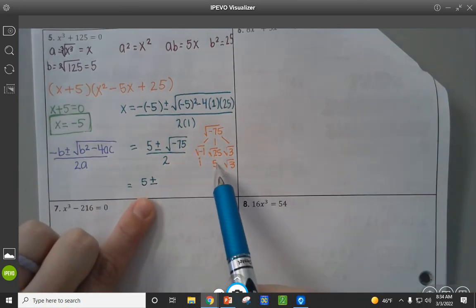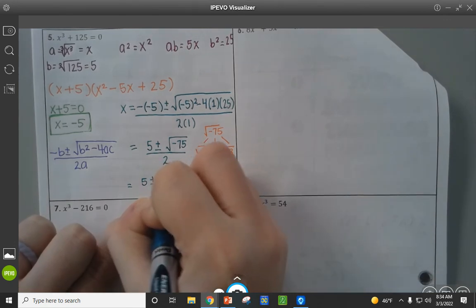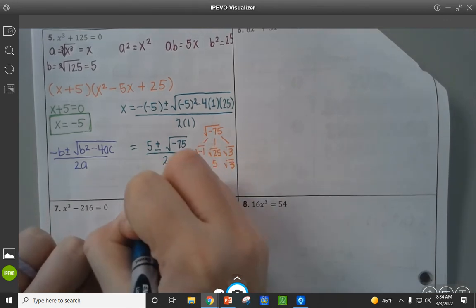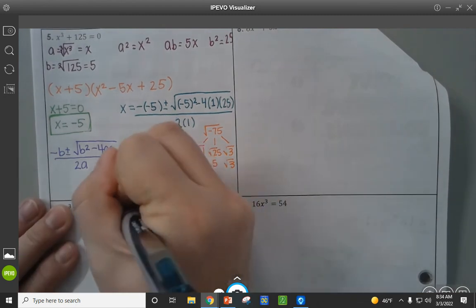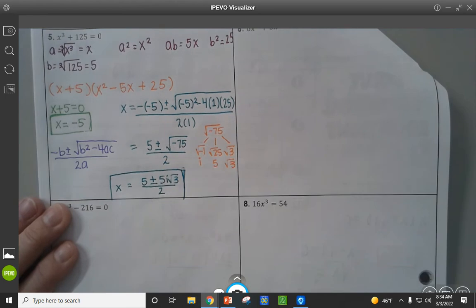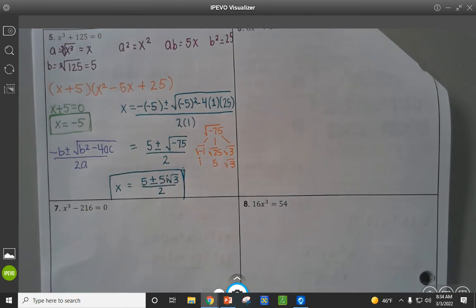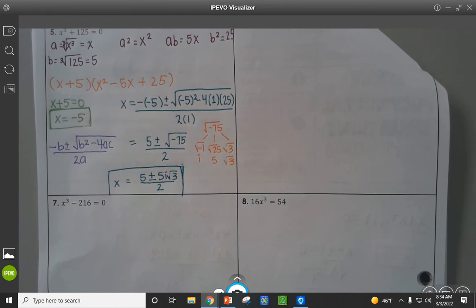And this turns into 5i radical 3. So the ones with the cubes, just remember you have to do quadratic formula with those.